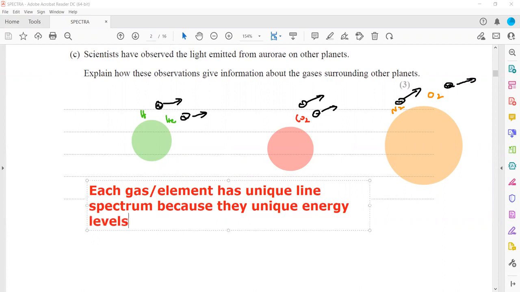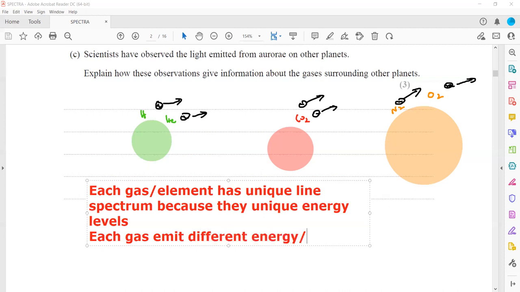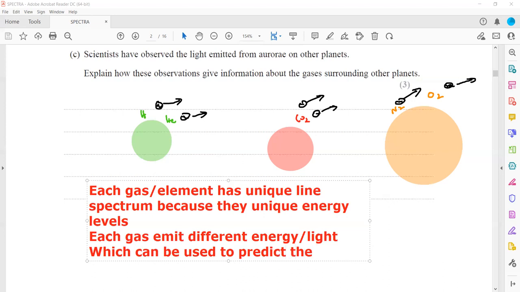Instead of shell, we normally use the term energy levels, and that emits light. So each gas emits different light or different energy, which can be used to predict the gas or gases present in the atmosphere.